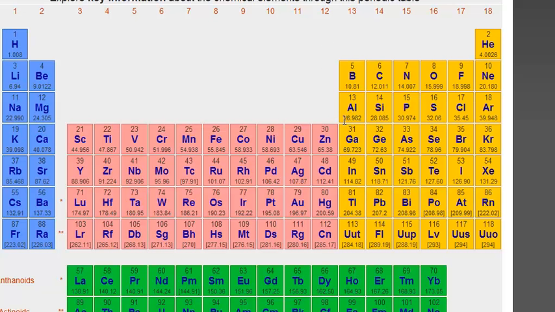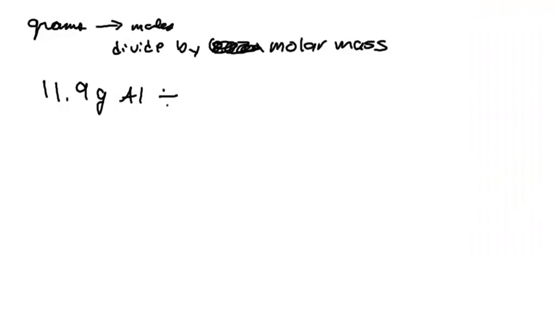The molar mass of aluminum is 26.982. Molar mass is in grams per mole. If I divide grams by grams per mole, I get moles.